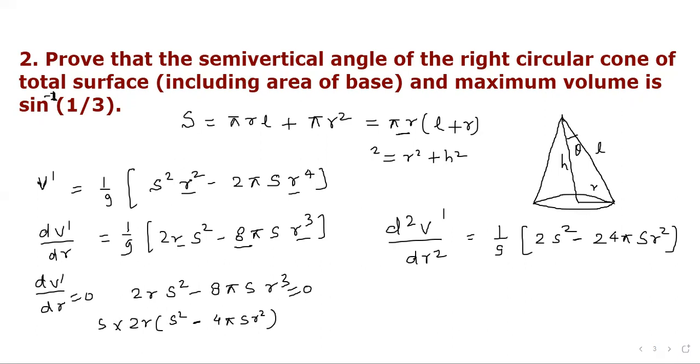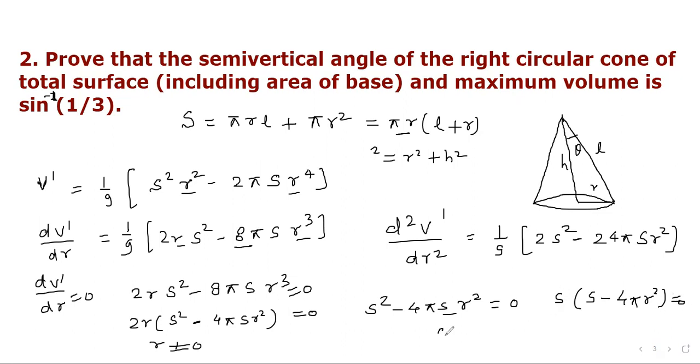So this equals 0. R can't be 0, so this term must be 0. So s square minus 4 pi s r square is 0. Here s we can take out, then s minus 4 pi r square equals 0. From here, s can't be 0, so we get s equal to 4 pi r square.